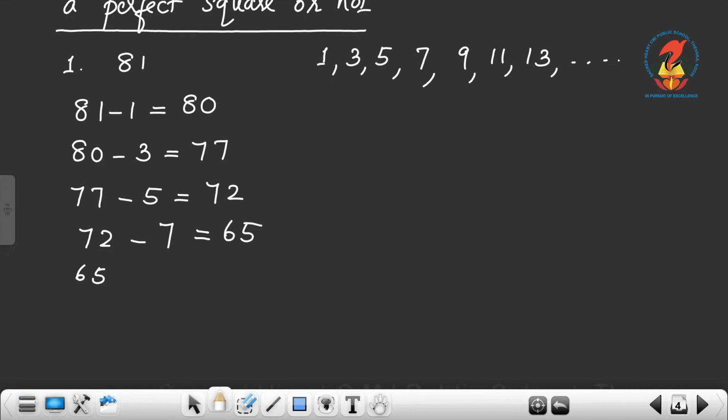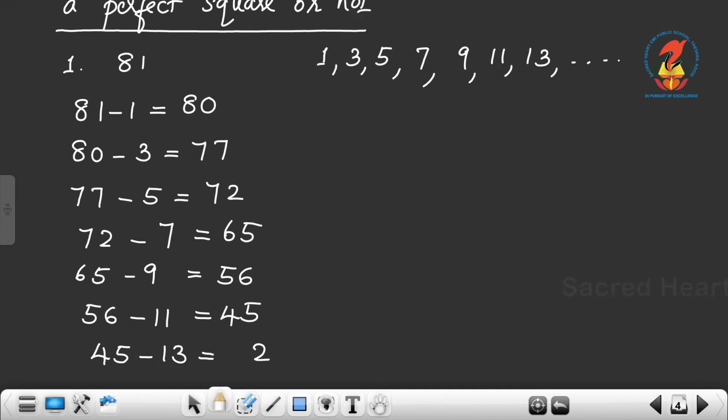Then 65 minus 9 equal to 56. Then 56 minus 11, after 9 comes 11. So, what you will get? 45. Then 45 minus 13. So, you will get 32.